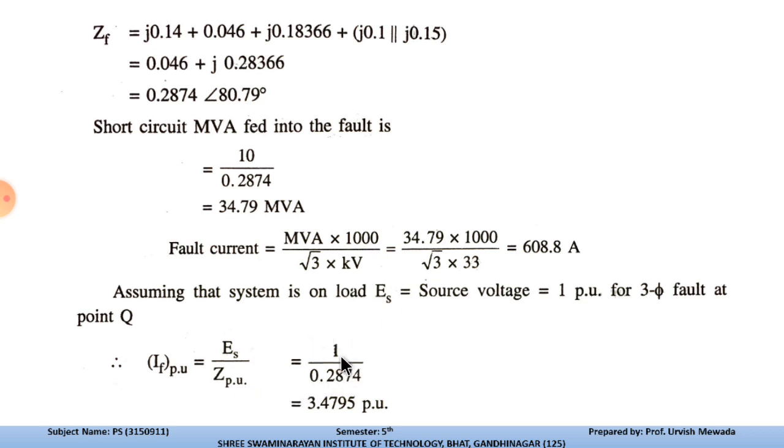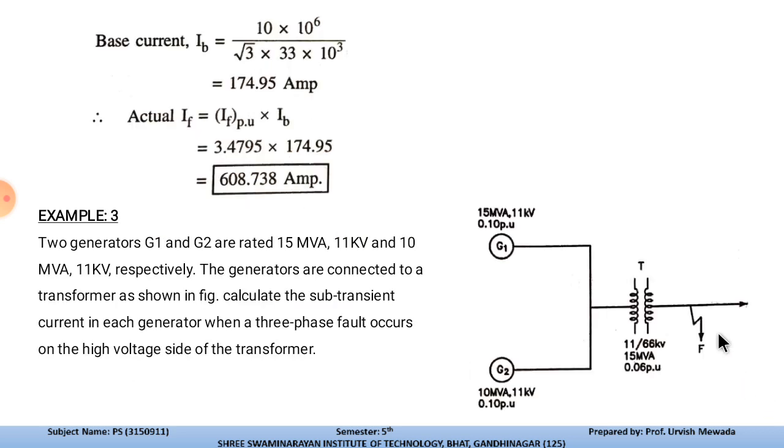The source voltage is taken as 1 pu, so it is 1 pu divided by Z pu, that we have already derived as 0.2874. So the IF fault current in per unit is 3.4795. So this is how we can solve the example related to this.